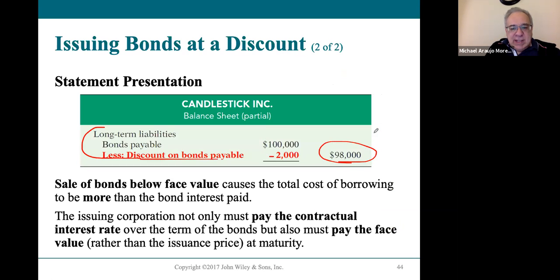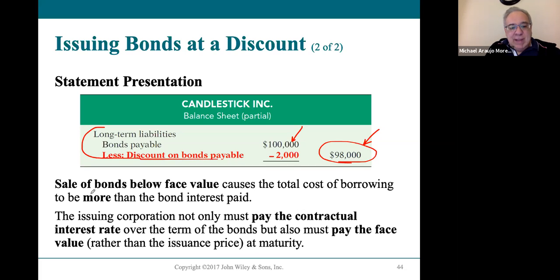Again, they only were able to receive $98,000 on $100,000 worth of bonds. They're going to pay back $100,000. So they're going to pay back $2,000 more than what they received, plus the 10% interest every year.